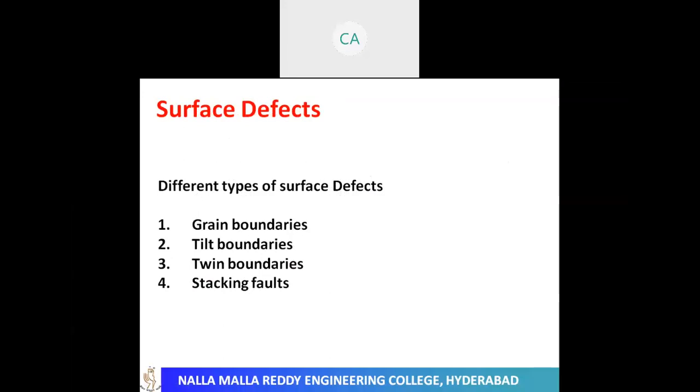Now we'll study surface defects. Surface defects are classified into four types. They are: first, grain boundaries; second, tilt boundaries; third, twin boundaries; and fourth, stacking faults.